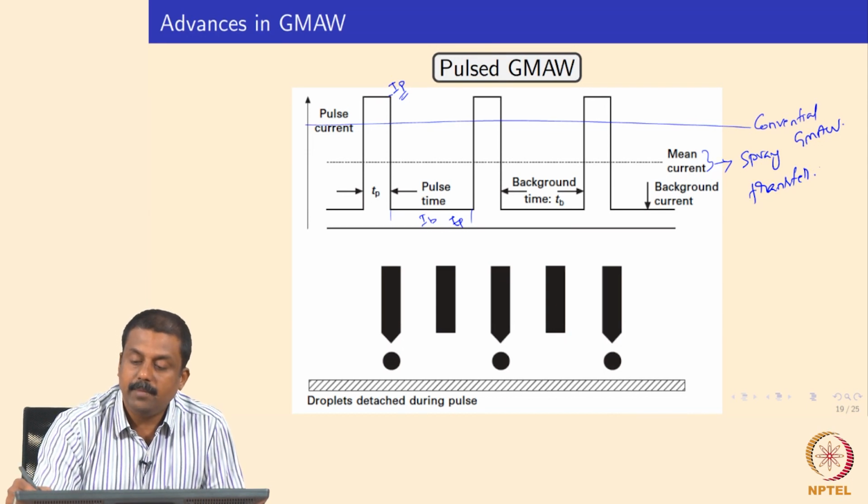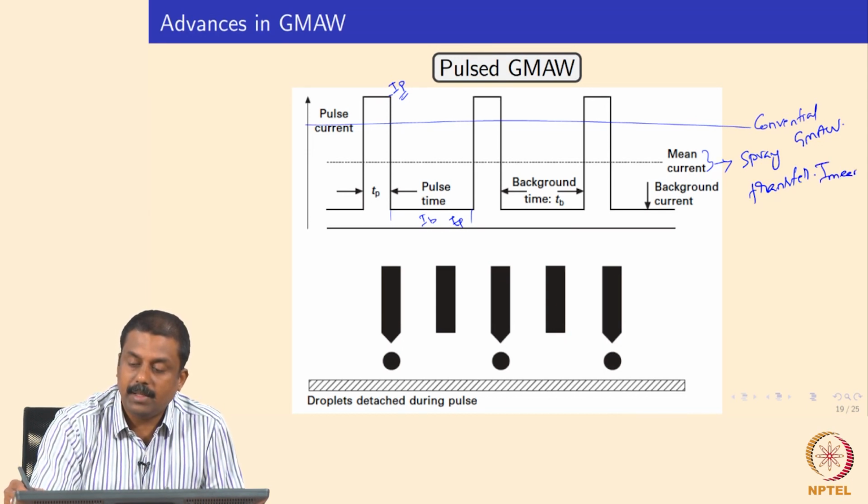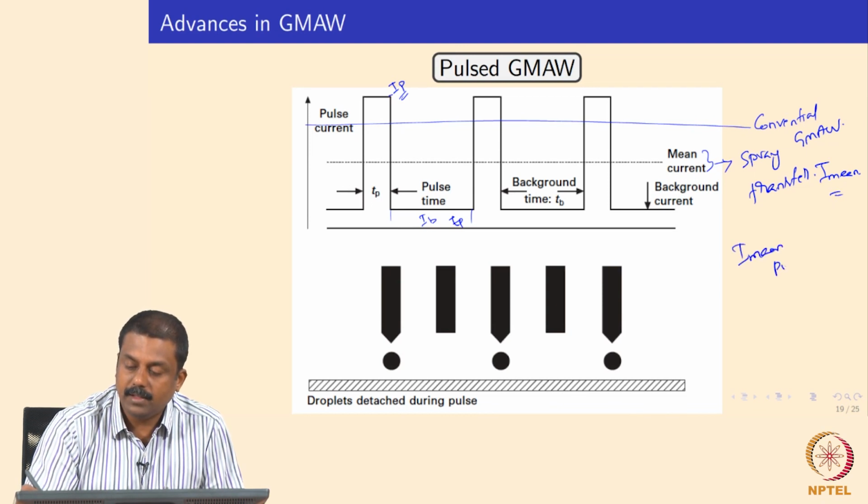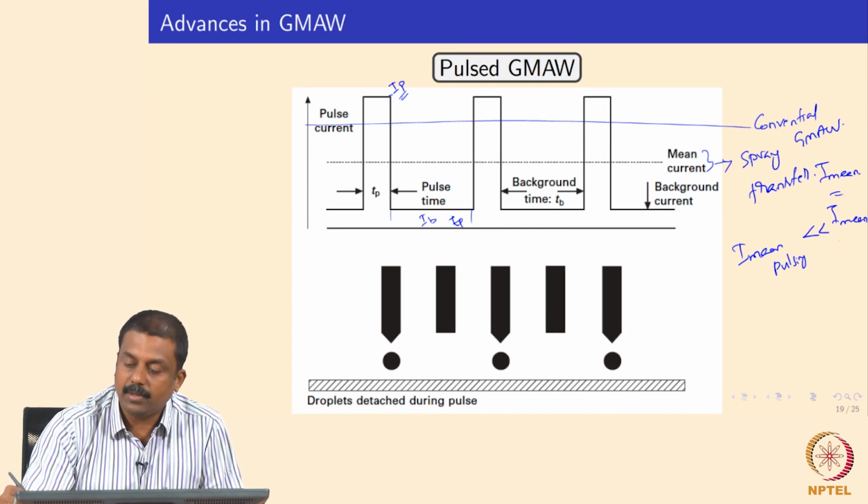And the I mean you get in a pulsing process is lower than in a conventional process, where you have a constant current without pulsing, for a given consumable.